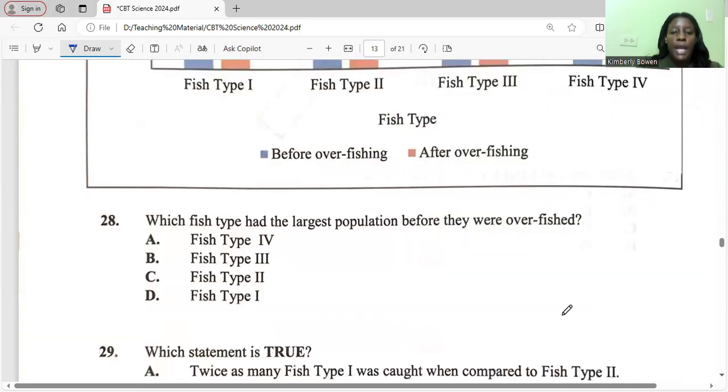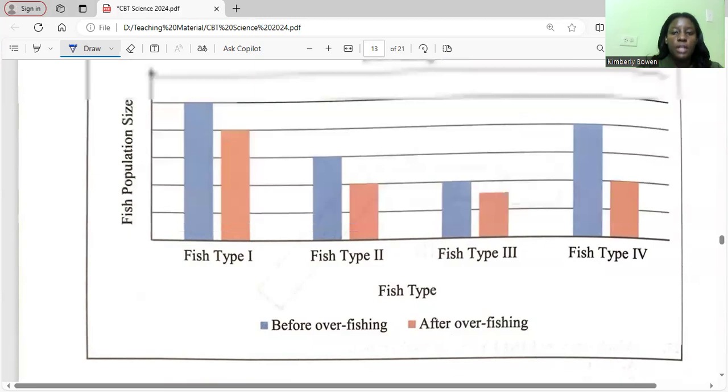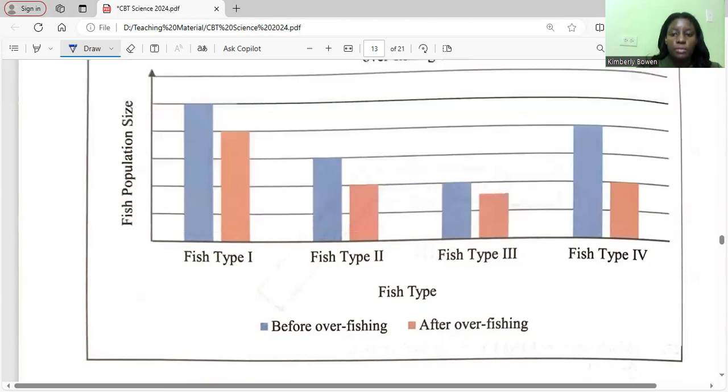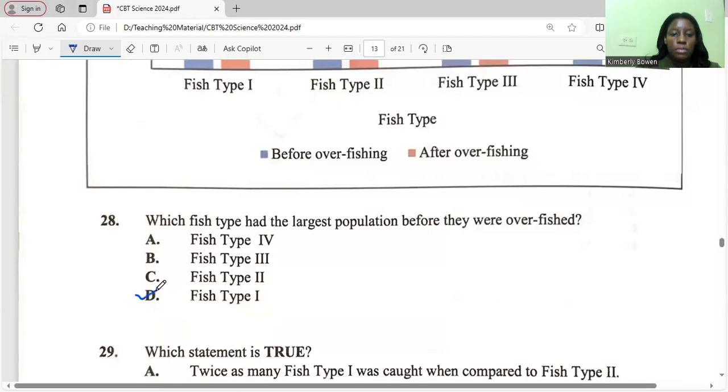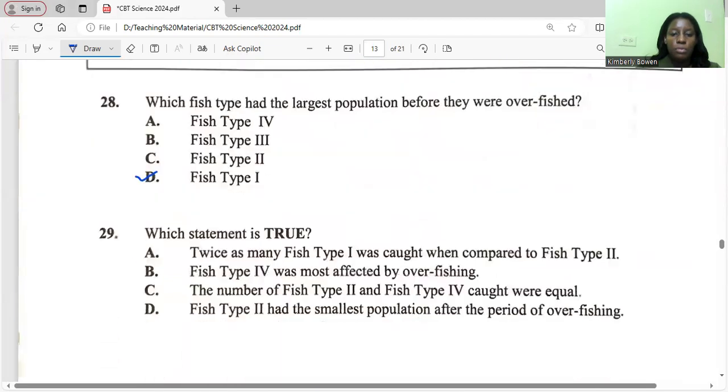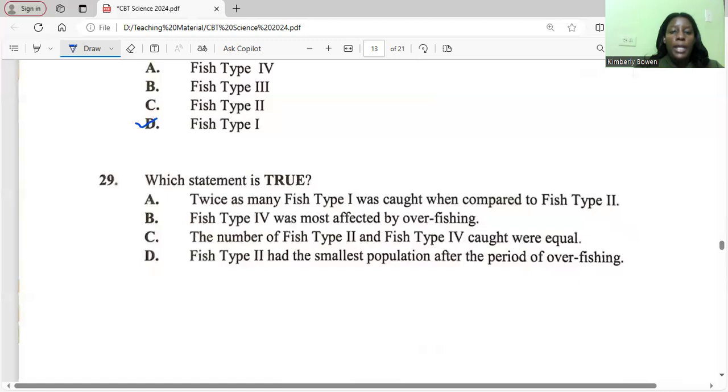Which fish type had the largest population before they were overfished? Let's look. That looks like fish type 1. Which statement is true? Twice as many fish type 1 was caught when compared to fish type 2.